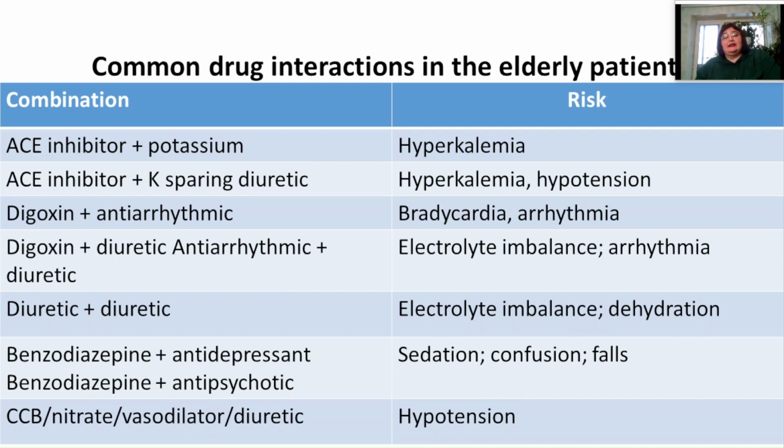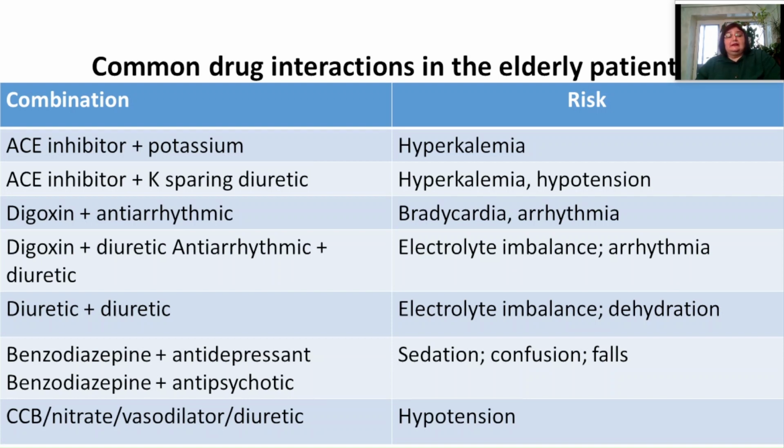Digoxin plus antiarrhythmic: bradycardia, arrhythmia. Digoxin plus diuretic, antiarrhythmic plus diuretic: electrolyte imbalance, arrhythmia. Diuretic plus diuretic: electrolyte imbalance, dehydration. Benzodiazepine plus antidepressant, benzodiazepine plus antipsychotic: sedation, confusion, falls.